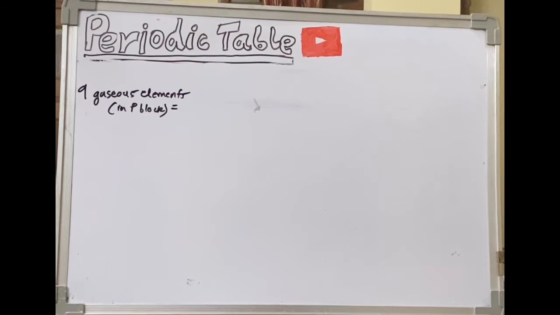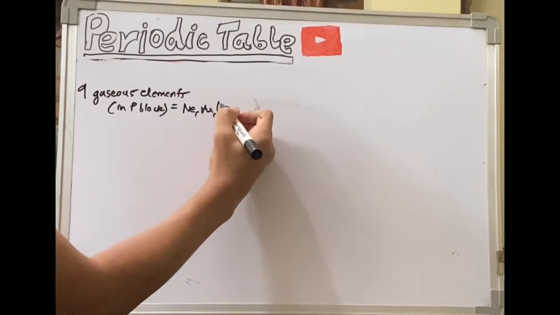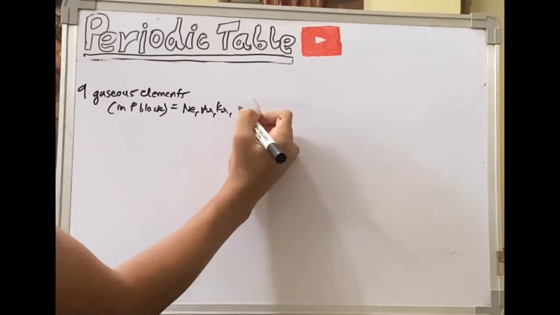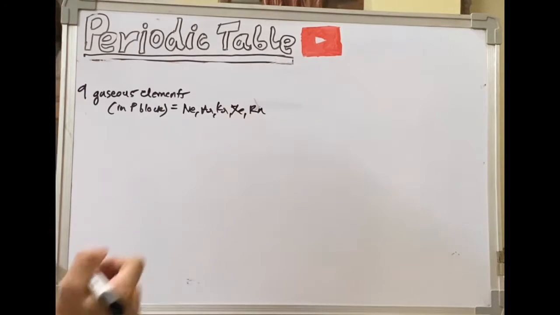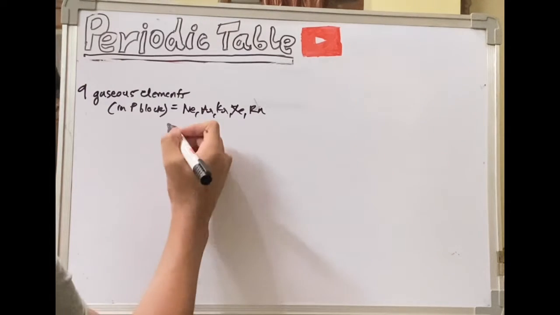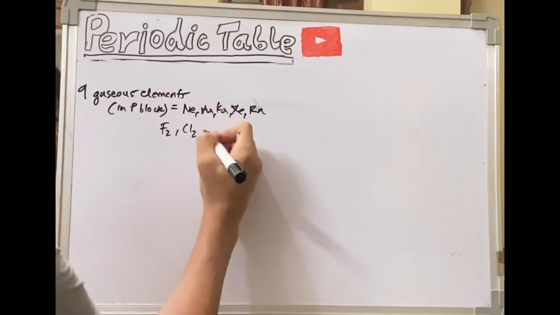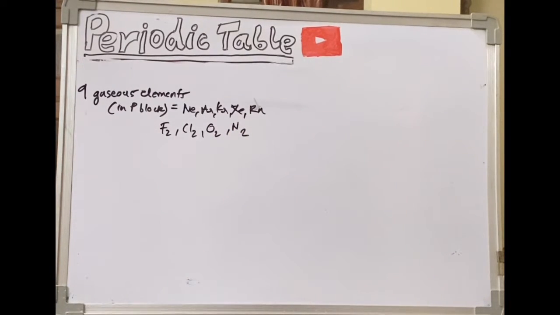So it will be neon, argon, krypton, xenon, radon. Okay, and then 4 are left, right? Yeah, 4 are left. So the remaining 4 are F2, Cl2, O2, N2.